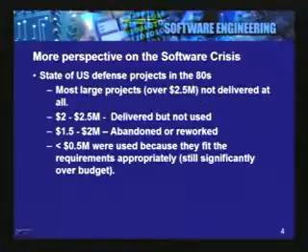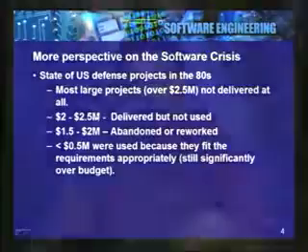The second class of projects, which are slightly smaller than these, were delivered, but they were never used, for various reasons. The quality of the software was a major reason amongst them. And if you go down, some of these projects were completely abandoned or had to be reworked from scratch. The next category of projects, in the $1.5 million to $2 million range, pretty much had to be reworked from scratch because they did not conform to the specifications.